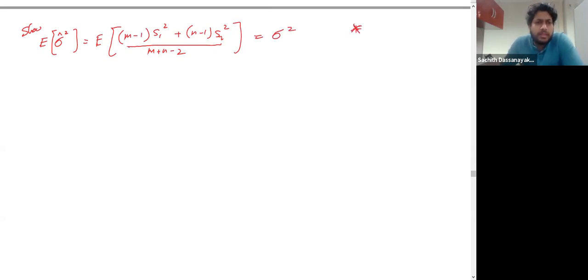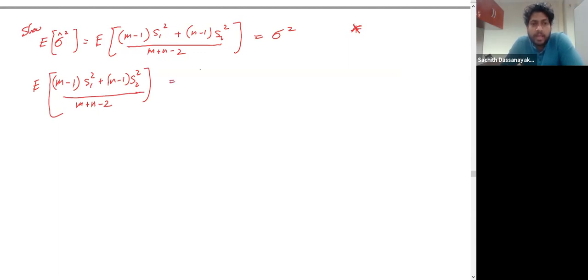Okay, let's start from the beginning. Expected value of (m minus 1) S1 squared plus (n minus 1) S2 squared divided by m plus n minus 2. So this denominator is just a number, so it has nothing to do with expected value.